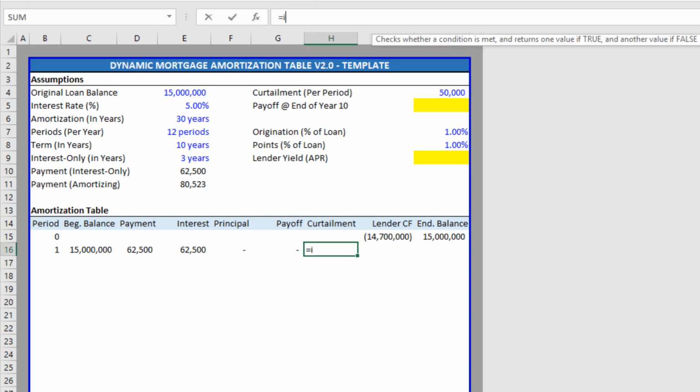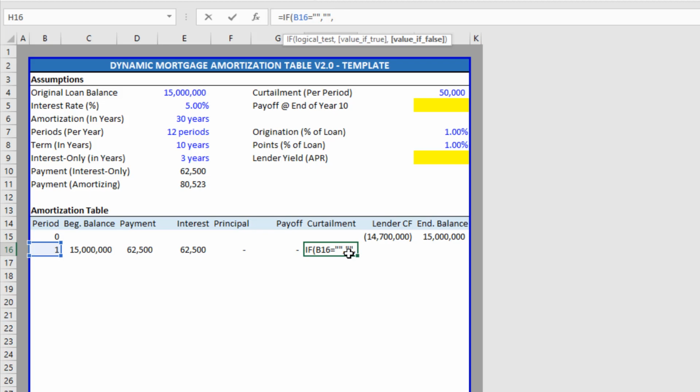And this here, again, we're going to ask, should this cell be blank? If not, we want to output either the curtailment payment required per this assumption. I say required, whatever the user has entered for curtailment period or curtailment amount in each period. The minimum of that or any principal owed, right? We don't want a curtailment period that is greater than the principal owed in, say, the final period that would pay this off because of curtailment.